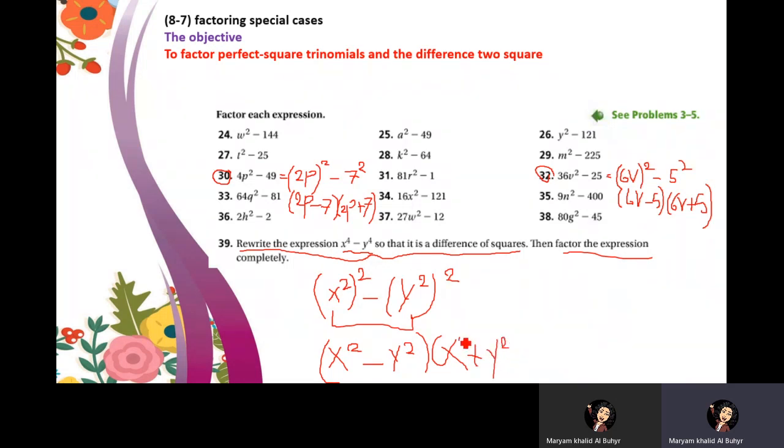I forgot to write the squared here. Now you can do this one more, right? But this one you cannot because it's addition here. So use your rule again: (x minus y)(x plus y) times (x squared plus y squared).